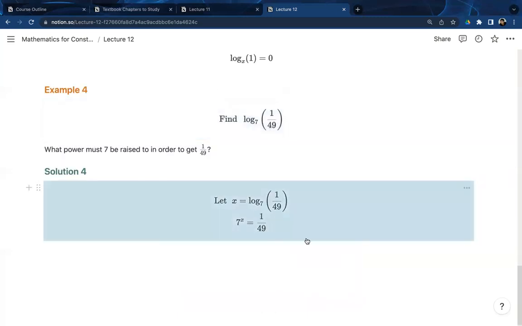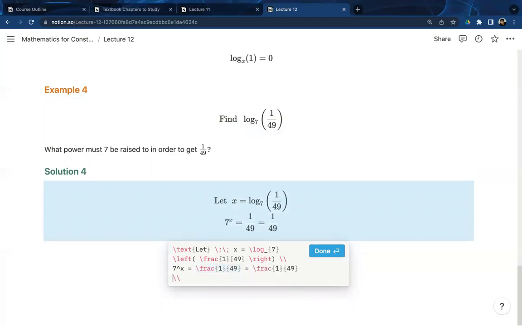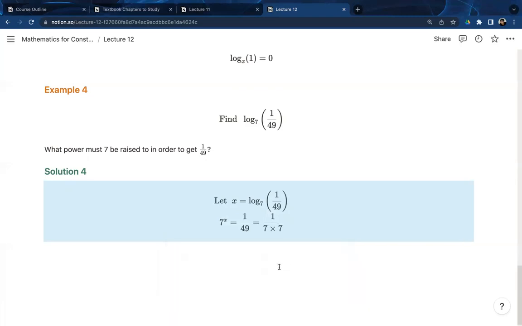Seven to some power is 1 over 49. What's 1 over 49? 49 is 7 times 7, right?